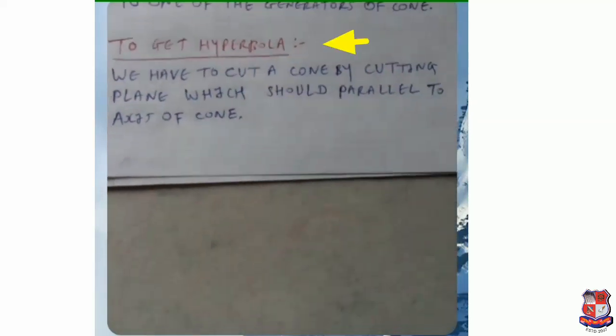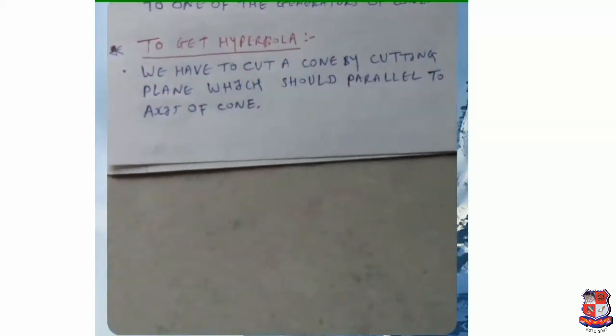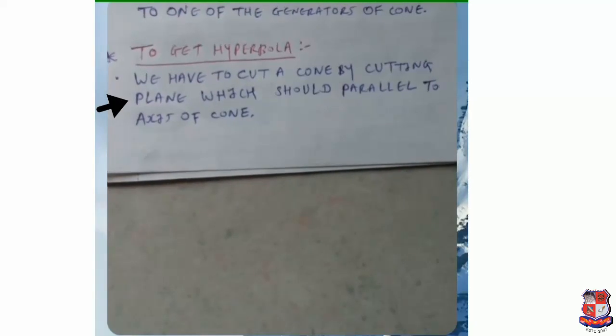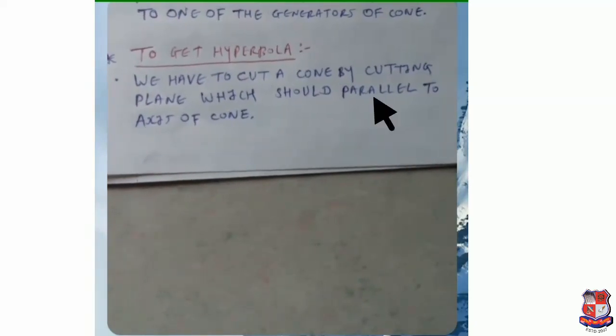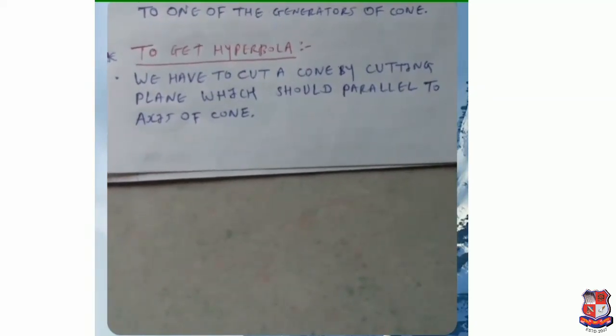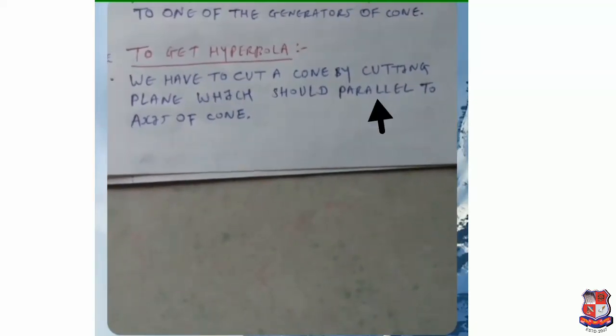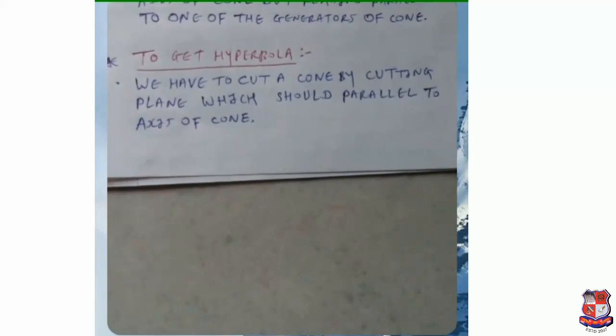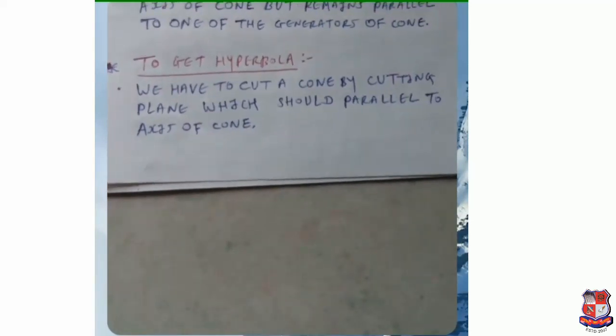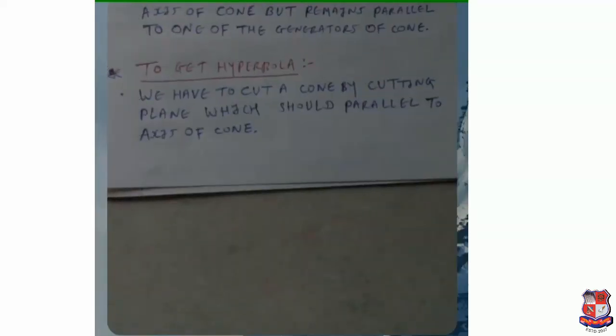Finally we talk about hyperbola. So to get hyperbola we have to cut a cone by a cutting plane which should be parallel to the axis of the cone. What do you have to remember? It remains parallel to the axis of the cone. So let's see it on the diagram.